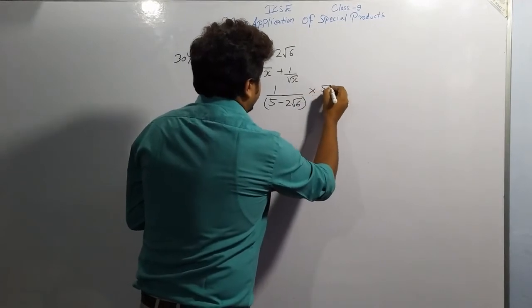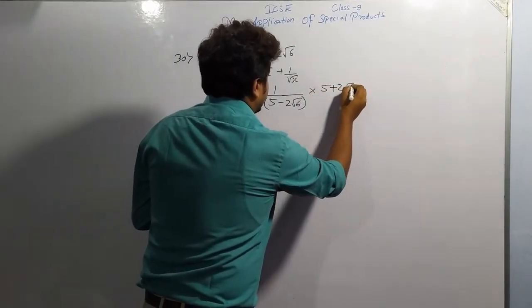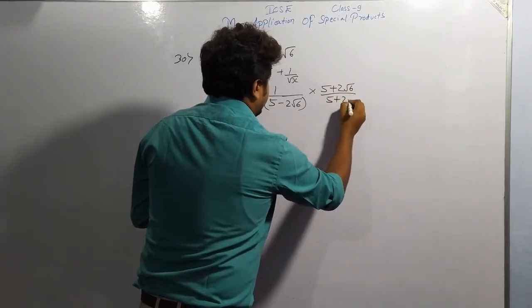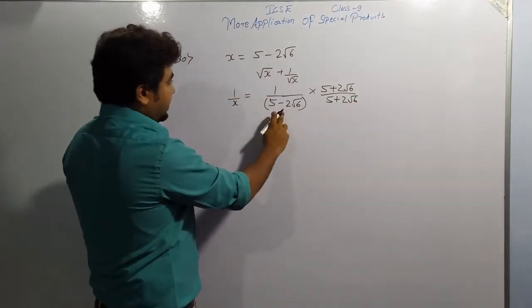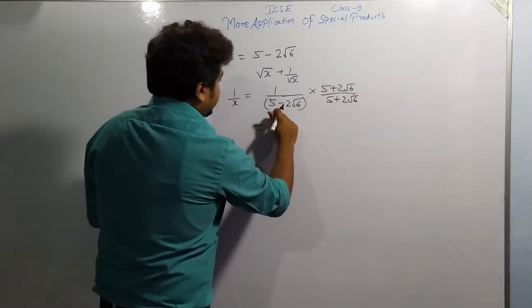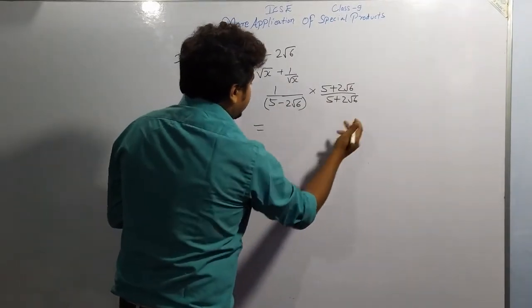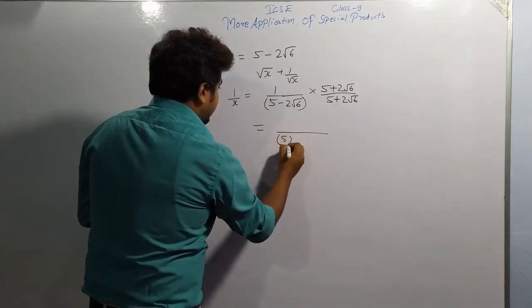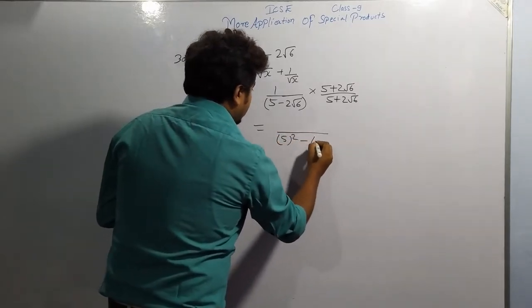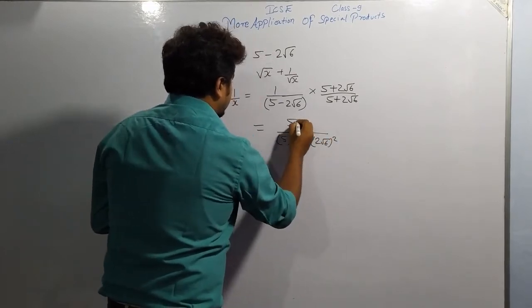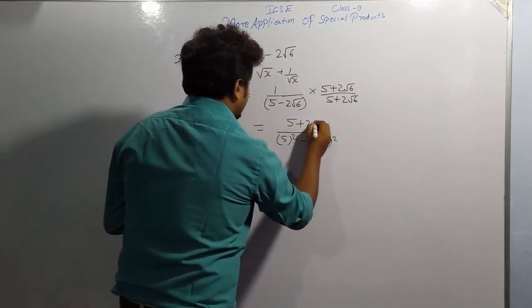Here we'll be multiplying with 5 plus 2 root 6 divided by 5 plus 2 root 6. We are multiplying with the opposite sign between the two numbers. So this is in the form of a minus b, and this is a plus b. We can write it as 5 square minus 2 root 6 square, a square minus b square, over 5 plus 2 root 6.